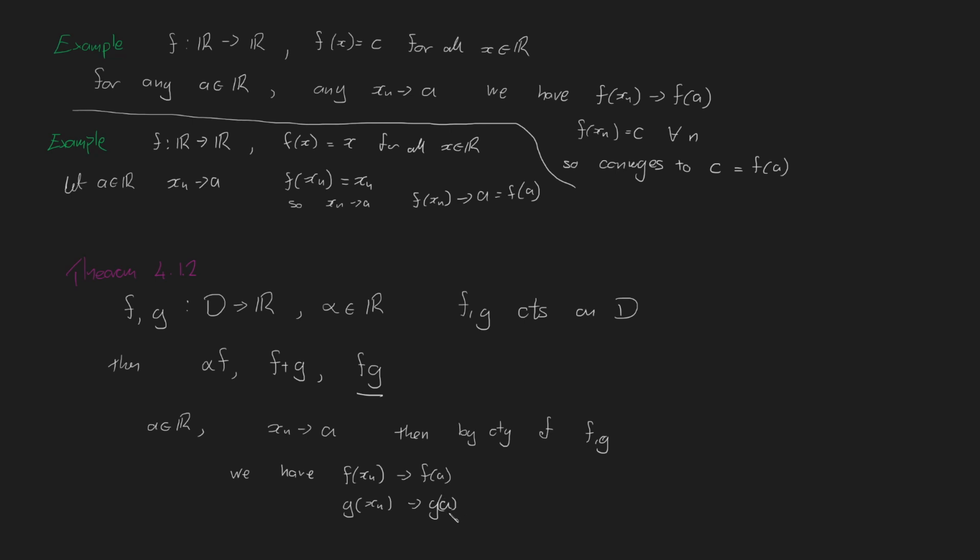And so this is telling us together, using some previous knowledge on sequences, that if I just take the product term-wise, f of xn, g of xn, this is the product of terms of two convergent sequences, and so it converges to the product of the limits. So that's f of a times g of a. In particular, that's by theorem 2.2.4.